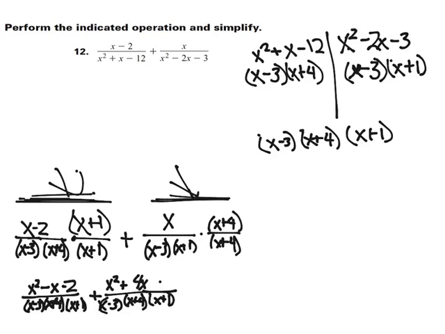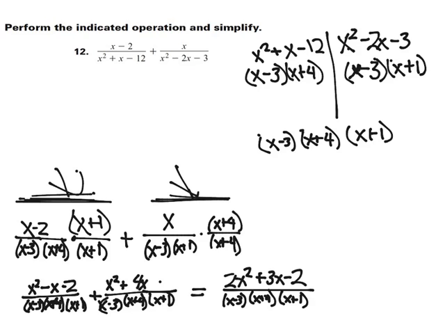And that's what that looks like when you FOIL the top on the left and FOIL and distribute on the right. Add up your like terms, you end up with 2x squared plus 3x minus 2 all over your x minus 3, x plus 4, x plus 1.